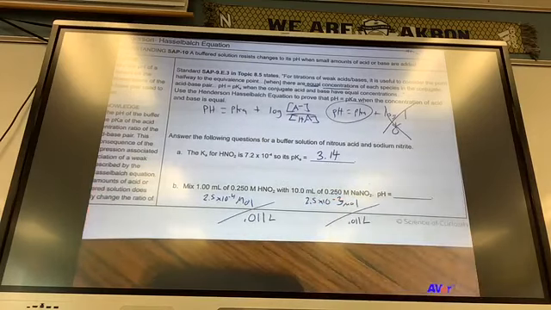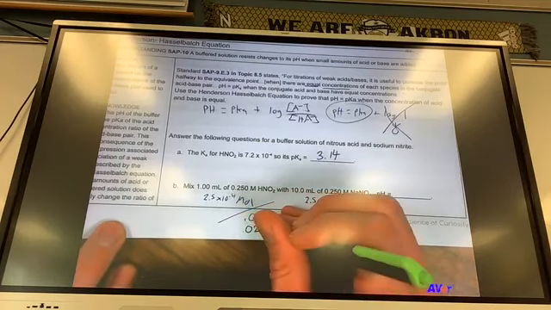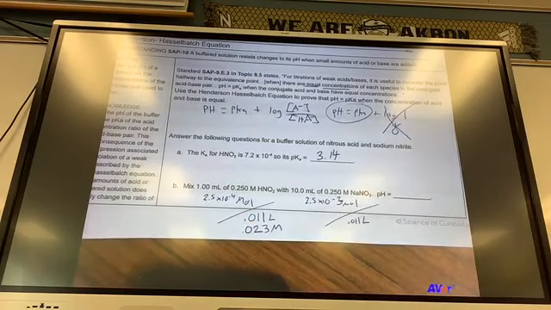Yep, 0.011 liters. So I'm going to divide those. I have 2.5 E negative 4 divided by 0.011. This gives me 0.023 molar.